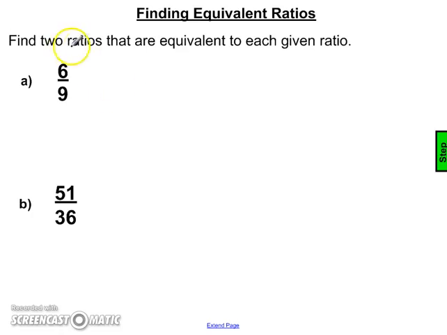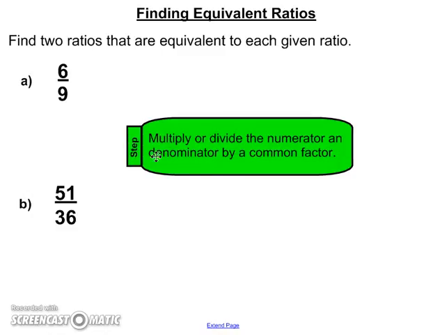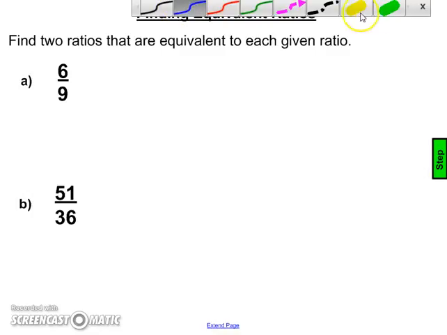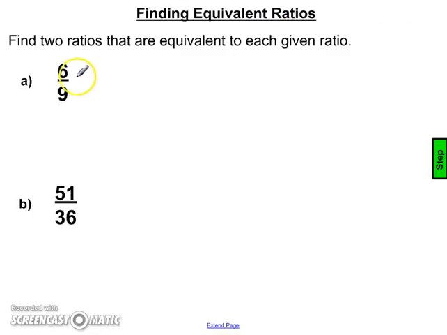All right. Find two ratios that are equivalent to each given ratio. Now, a possible step is to multiply or divide the numerator and denominator by a common factor. And we do this all the time when we add and subtract fractions, when we have to have common denominators. So in this particular case, I'm going to do both. In the first case, I'm going to reduce.